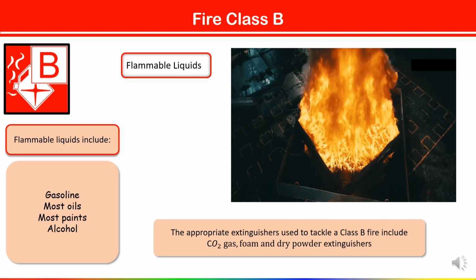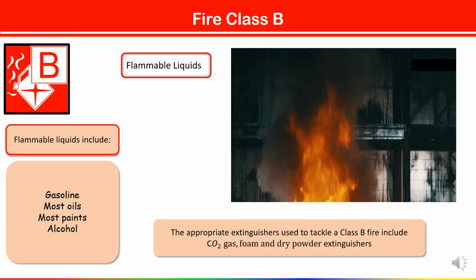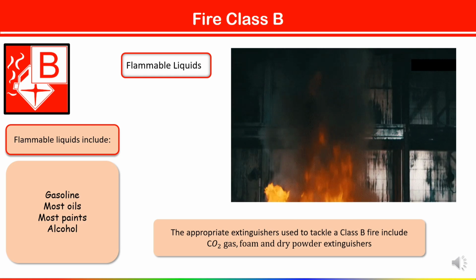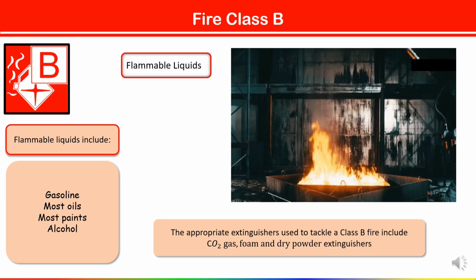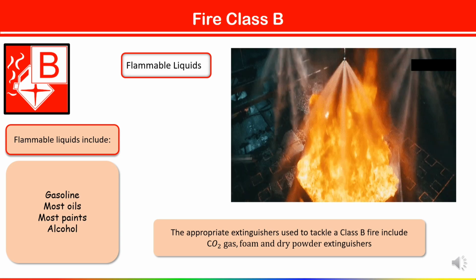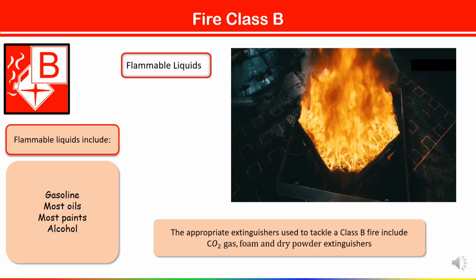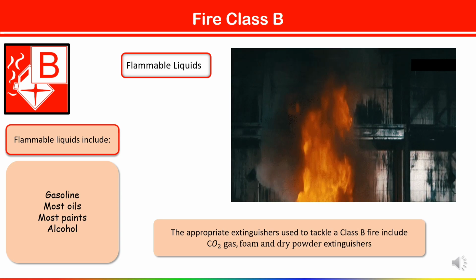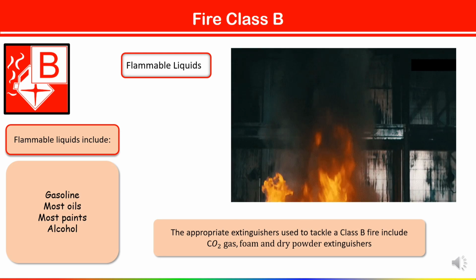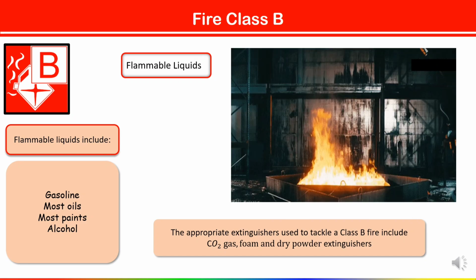Even you can go for CO2 gas, because CO2 displaces oxygen around the fire, which suffocates the flame and reduces heat. You can also go for dry powder, because this can be used to disrupt the chemical reaction in the fire. Powder agent can smother flame and prevent the fuel from igniting. So we have different options you can use.